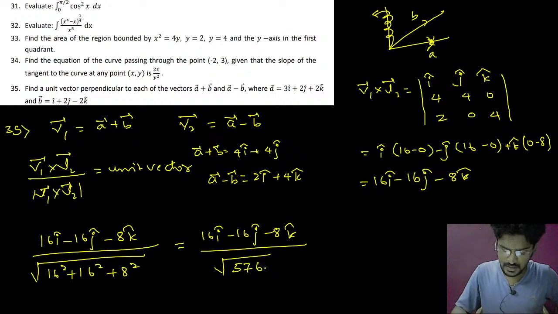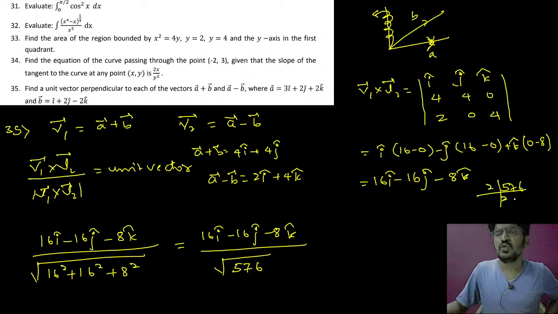Okay, and try to factorize 576. 2 into 2 is 4, 1 remains, 2 into 8 is 16, 2 into 1, 2 into 4, 2 into 7, 2 into 2, 2 into 3, 2 into 6, 2 into 16, 2 into 8, 2 into 4, 2 into 2, 2 into 1.